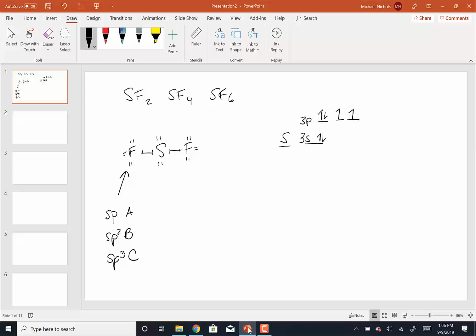Hopefully my phone still has juice in it. So the question is, what is the hybridization of the fluorine? sp, sp2, or sp3? Okay. So that's question number 1.